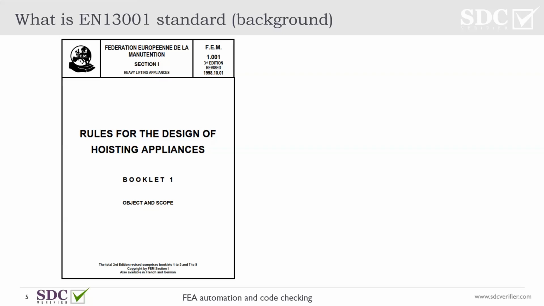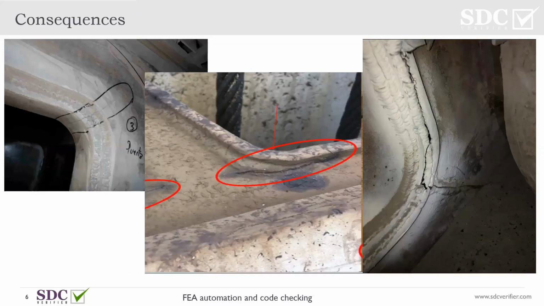And at the end, it is crucial to perform proper maintenance and regular inspections to ensure a safe working environment and prevent costly equipment downtime. Because if it's not done, the consequences are fairly dramatic, right? We start with small cracks, which are continuously growing. Very often they're found in hidden areas.